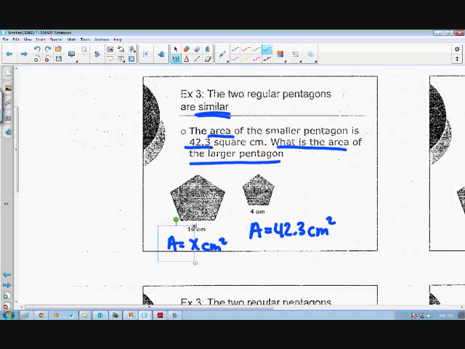Okay, well, we have information about the sides in one dimension. We have that this is 10 and this is 4, so let's make a ratio because that's our A over B. 10 over 4.